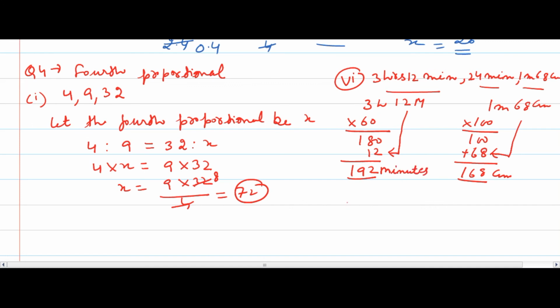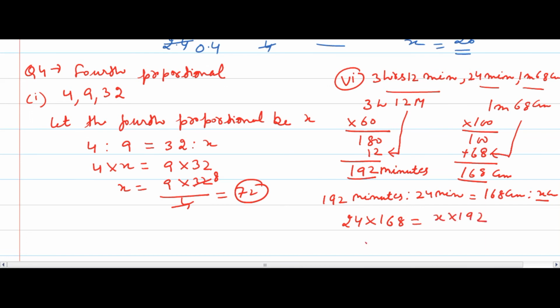Now our question is set, so we will take it as 192 minutes ratio 24 minutes equal to 168 centimeter ratio x. We will assume the fourth proportional as x. Product of means 24 multiply 168, product of extremes x multiply 192.